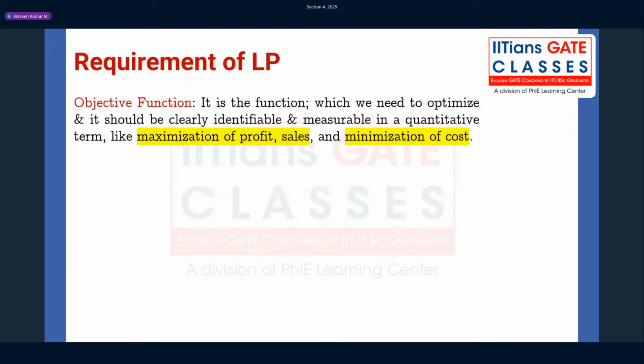So that is what I have clearly mentioned here. The objective function is the function which we need to optimize, and it should be clearly identifiable and measurable in quantitative terms, like maximization of profit, sales, or minimization, whatever it is. If we want to write it in a generic way, then we can write Z max, or maximization of Z, as c1 into x1 plus c2 into x2, and so on, till cn into xn.